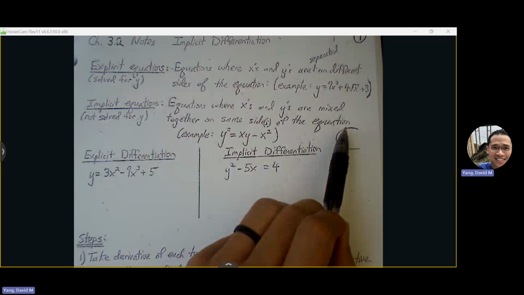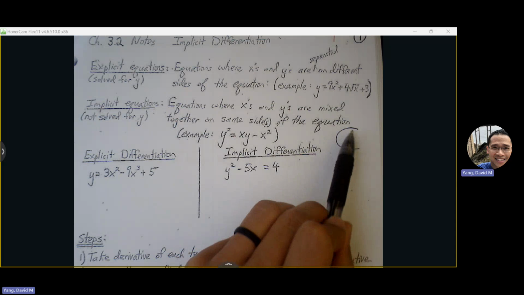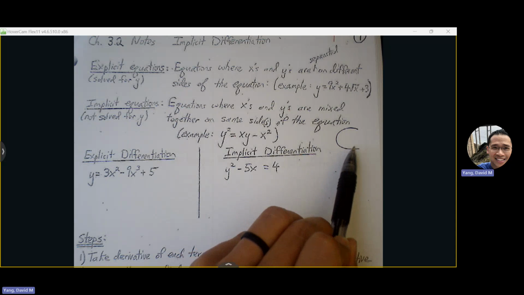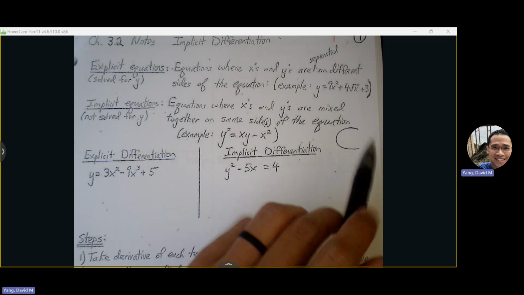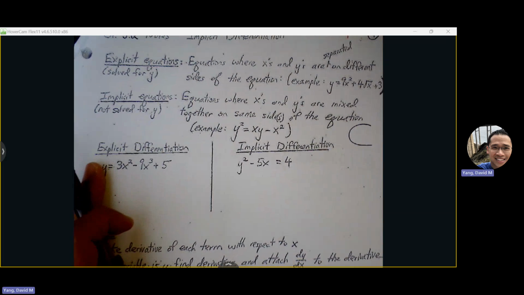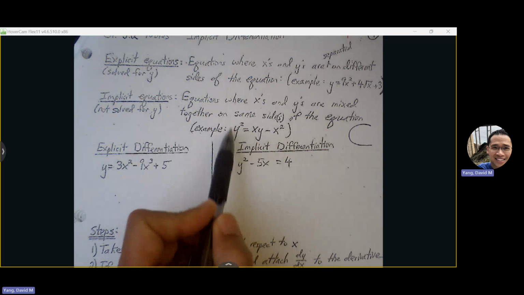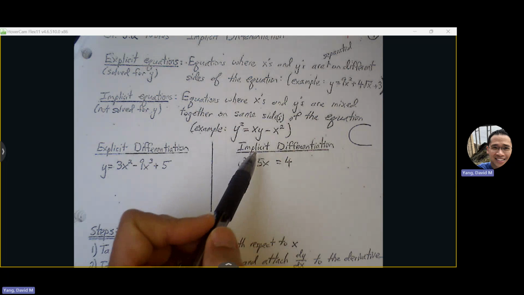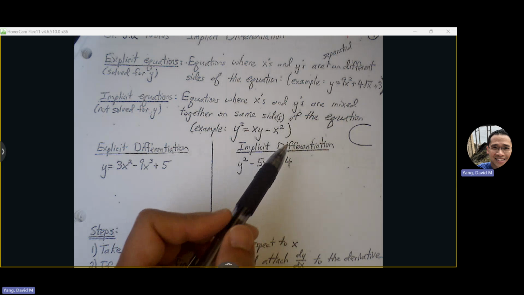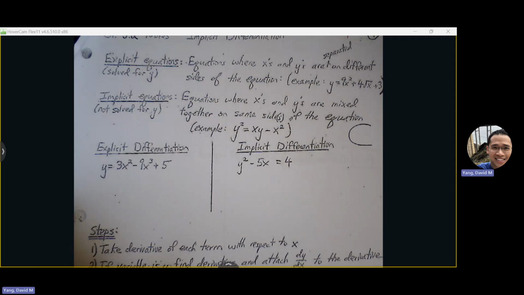But even with equations that are not functions, we can still find the derivative. We can still find a slope formula that will describe how the slope is changing on that curve.